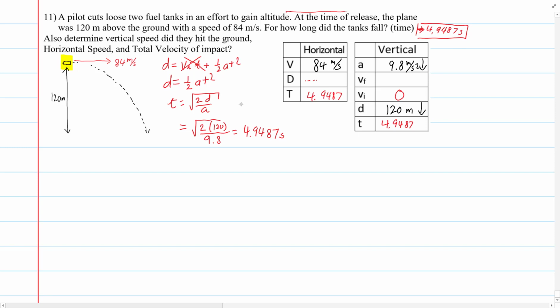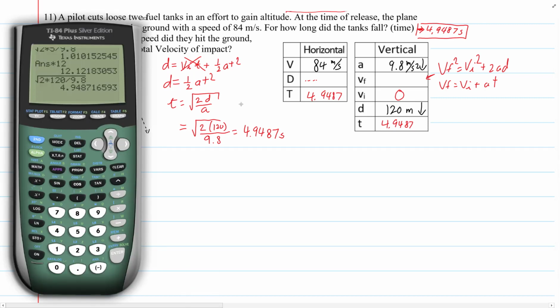Now it says determine the vertical speed. So this is the vertical speed at impact. We can solve that without time as v_f squared equals v_i squared plus 2ad. Or if we wanted to use the time, v_f is equal to v_i plus at. So we just take 9.8 times the time, and that'll be v_f.